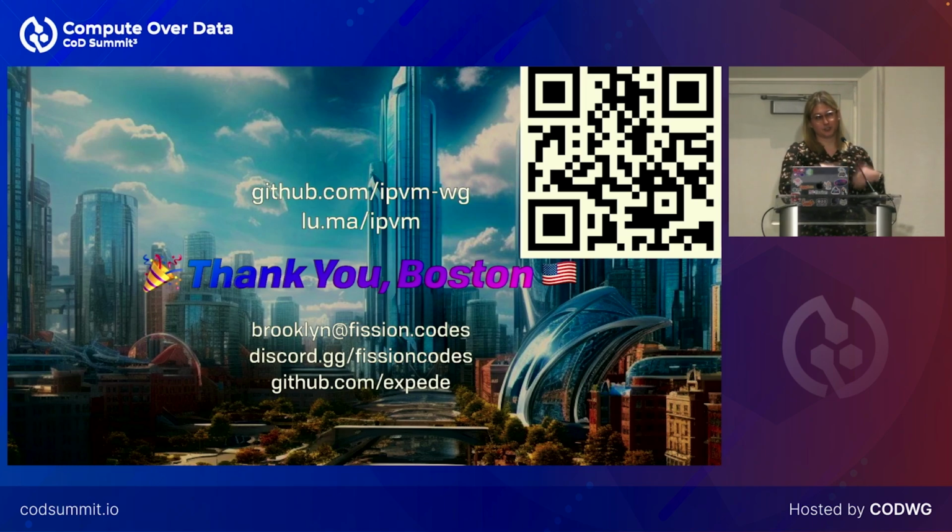Obviously, Fission's, my company's, interest in this is more on the WebAssembly side. So we can do things like anything that a web developer would want to use a serverless function for, right? Because it has the ability to run in the browser directly. We can take only the really expensive computation off of that, and everything else can run directly in the browser, right? So web developers is Fission's main use case.